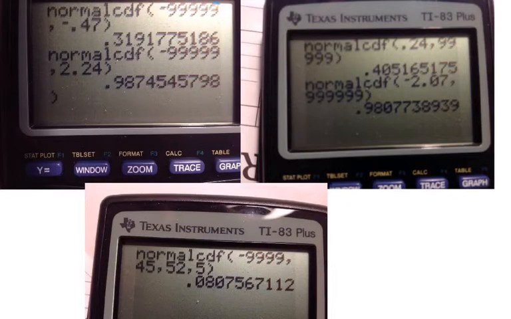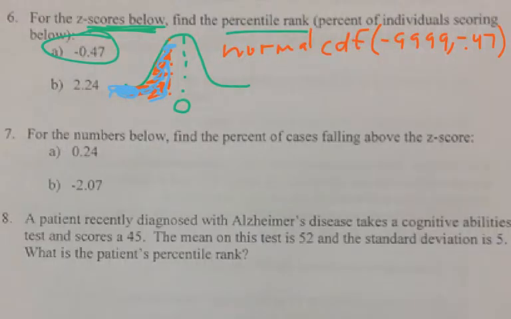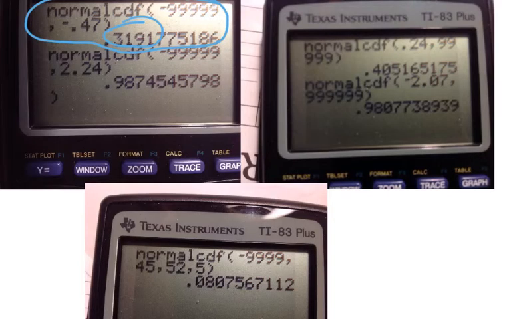As you can see right here on my calculator, I did normal CDF as I told you, and my answer was 0.319. And again, you find normal CDF in your second vars on your graphing calculator. But anyways, it was 0.319, okay?